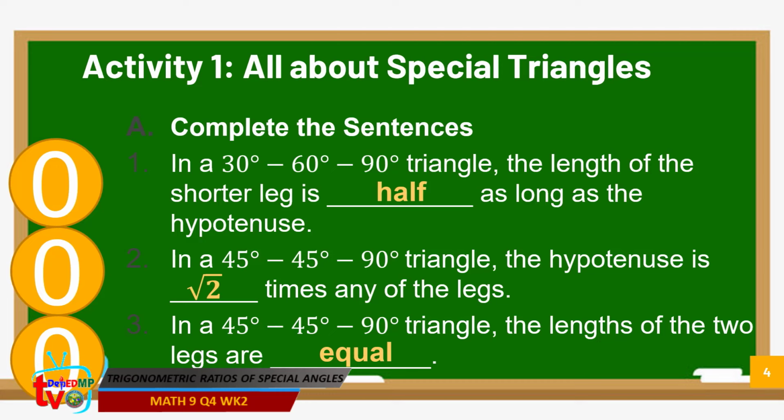Correct answer is square root of 2 times any of the legs. 3. In a 45-45-90 triangle, the lengths of the two legs are equal.